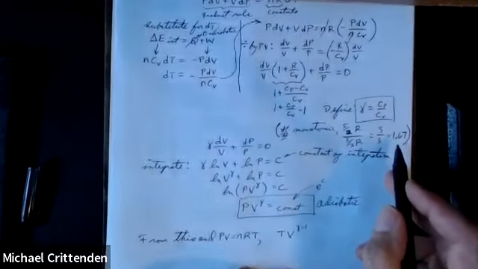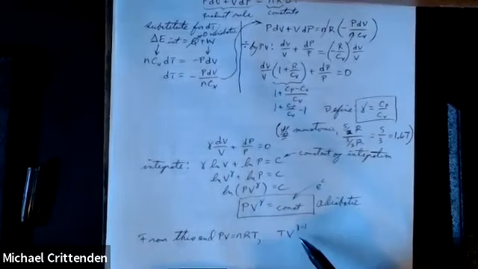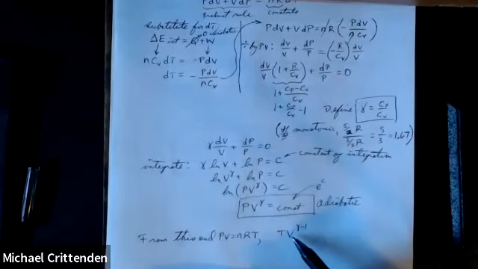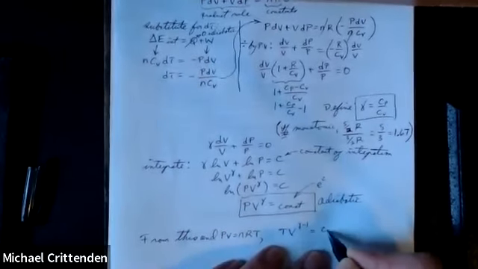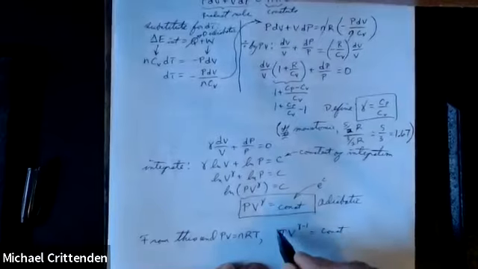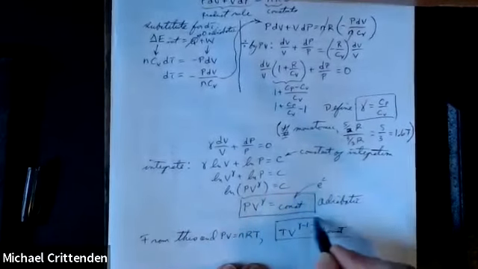So if it's a monatomic gas, here you'd be raising the volume to the 1.67 power. Here you'd be raising the volume to the 0.67 power. This would not necessarily be the same constant as that one.